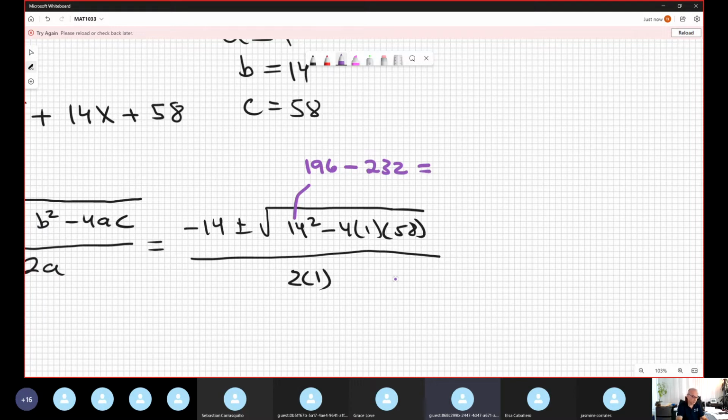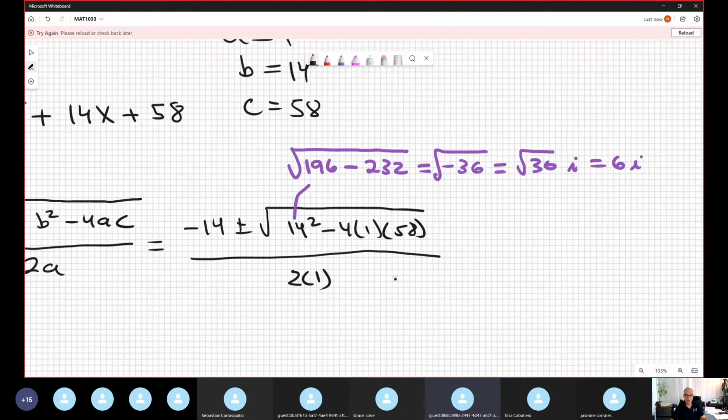Now subtraction, we get minus 36. When you apply the square root of a negative number, I suppose it's imaginary. It's equal to the square root of positive 36 and i, and it's 6i. And so far, the answer is negative 14 plus or minus 6i divided by 2.